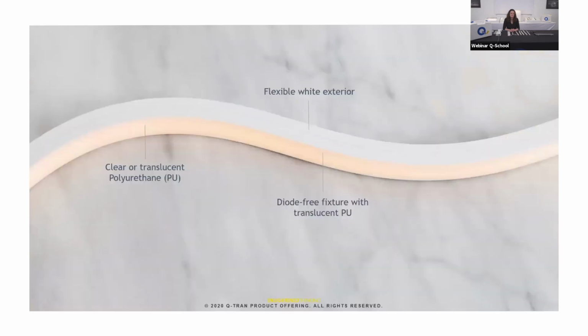We make our own flexible housing, and in that flexible housing, we add the LEDs, and then we fill it with a clear or translucent polyurethane. With the three larger fixtures, Boxa, Zala, and Curve, we can get terrific direct view diode-free finishes with a neon-like look.